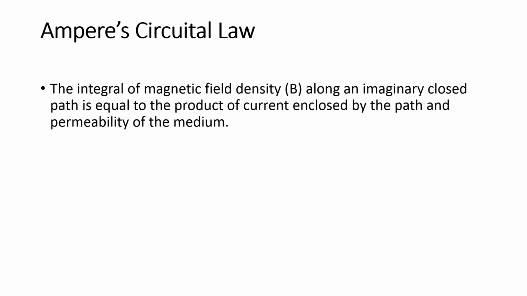It states that if we have a closed path, the sum over the elements of the component of magnetic field is always equal to the electric current multiplied by the permeability. This is another form.